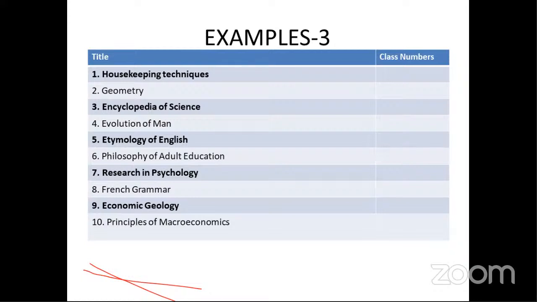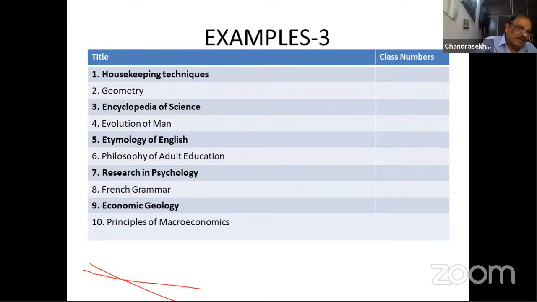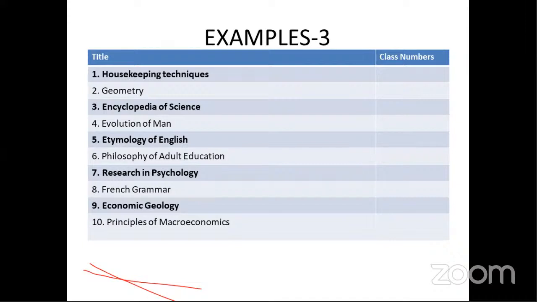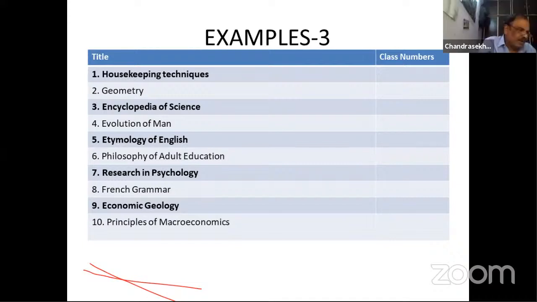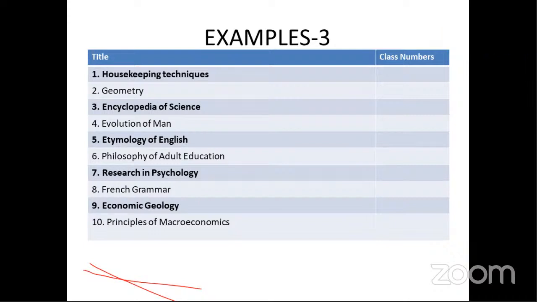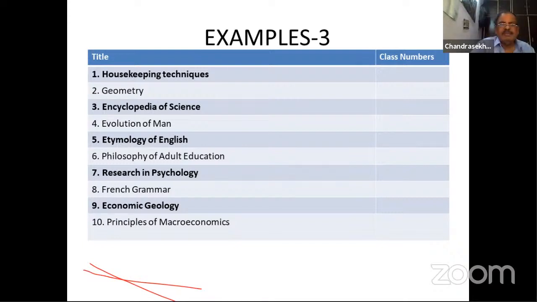Then not there in the third. Housekeeping 648, sir. Household, housekeeping, family management. In the index, it is directly given there.